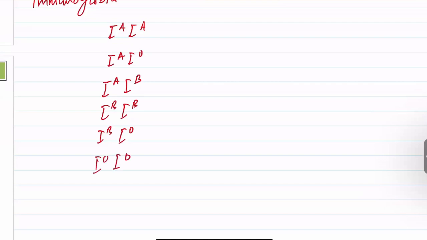So these are possible combinations that are found in a population. An individual can have either of these possibilities, as one allele comes from one parent, the other from the other parent.